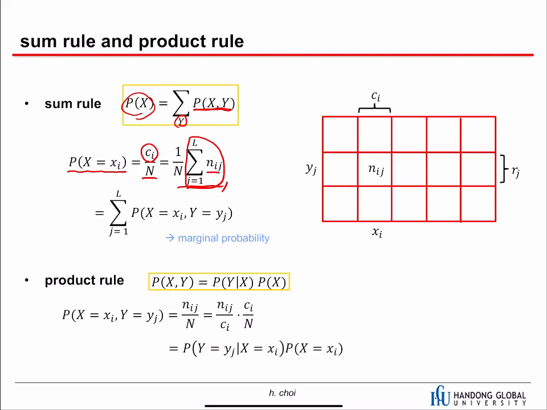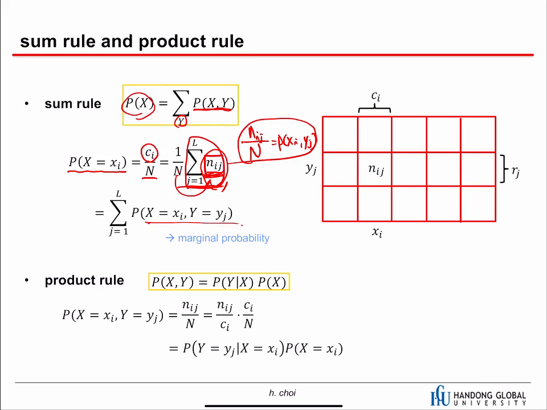And n_ij over N is P of x_i and y_j. So N goes in here, and we can make a ratio inside of this summation. Then we can replace that based on this one. So we got this one.